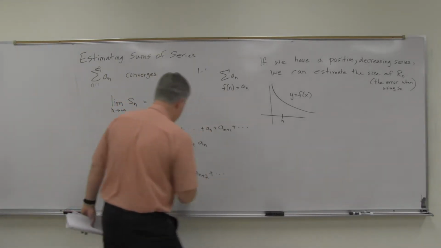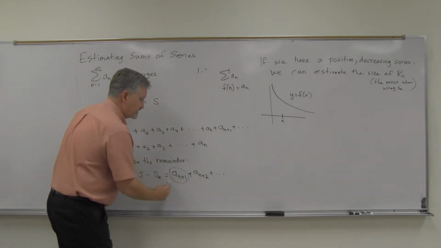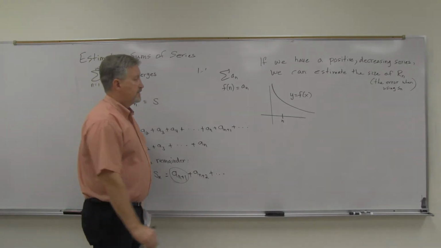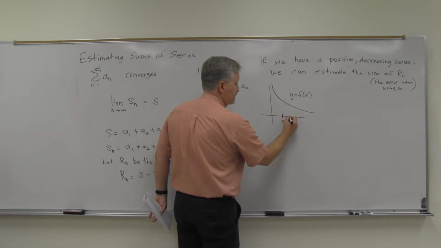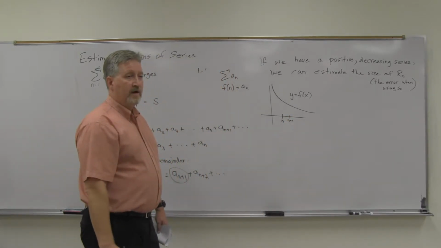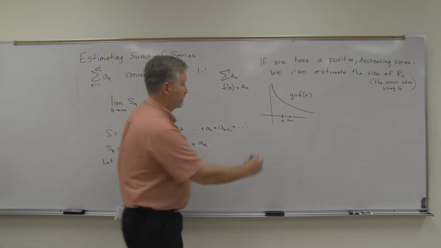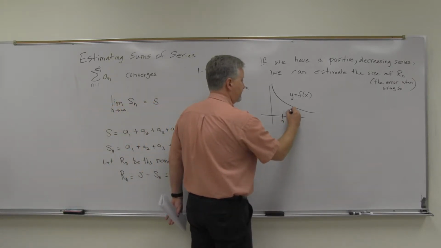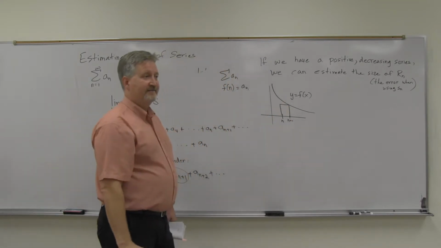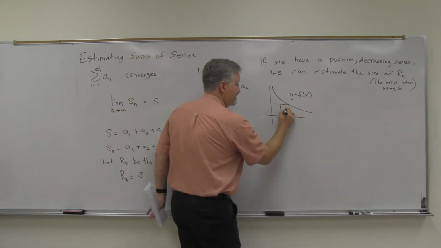Well, remember how we could represent the a sub n plus 1 term? Here's n plus 1. Remember how we represented n plus 1? Just go up here and make a little rectangle. This right here is a sub n plus 1.